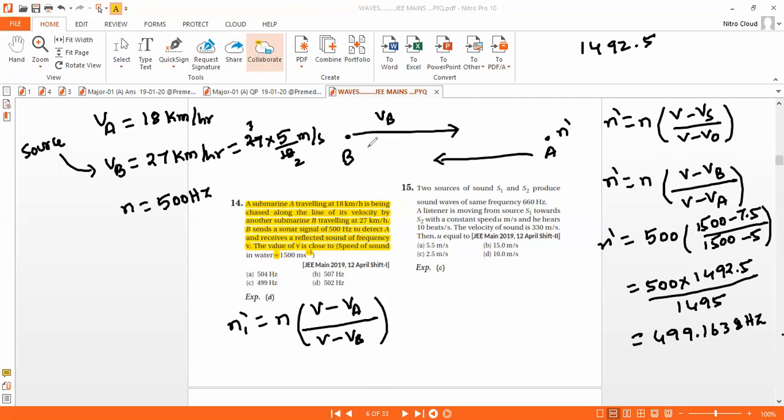Initially the source is coming like this, so V plus Vs, and so it is 500 times 1500 plus Va, that is 5, by 1500 plus 7.5. Calculate this value.